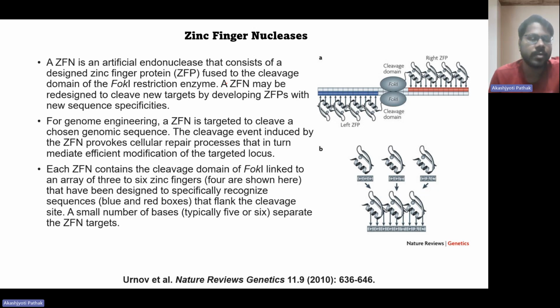Once it is cleaved, if a particular gene is mutated, then that gene can be removed by the action of these different nucleases, zinc finger nucleases, or TALENs, or the Cas9 protein that we have heard about. They are all different endonucleases. It is an artificial endonuclease that consists of a designed zinc finger protein fused to the cleavage domain of the FokI restriction enzyme.